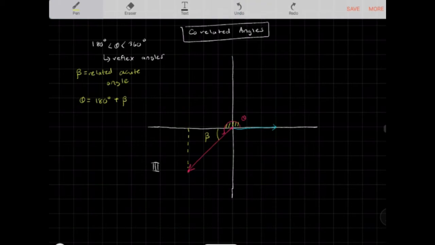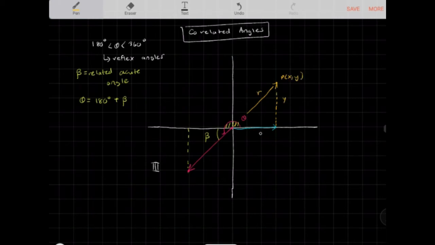So theta is 180 degrees plus beta. And recall that in the first quadrant, if we had a terminal arm that was located in the first quadrant, such as here, I'm just using a different color so we don't get confused, we stated that this point here is x and y.